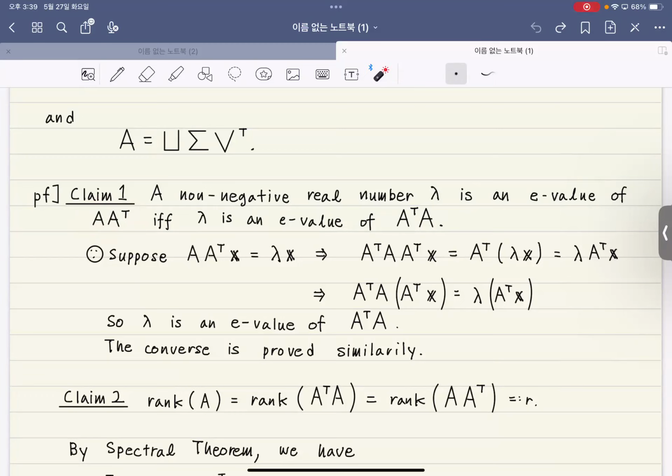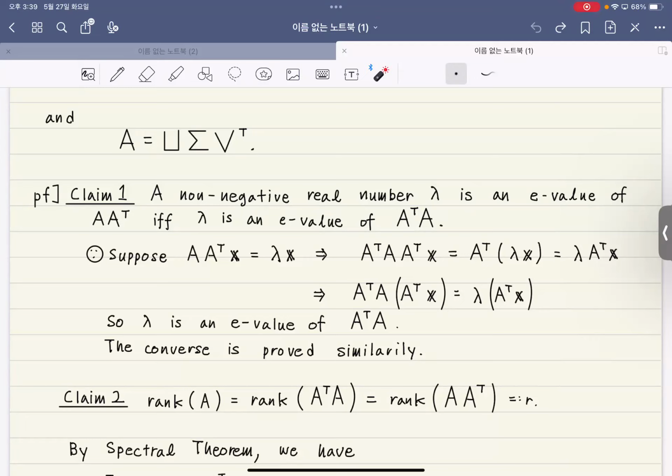Since there is no assumption that A is full rank, A A transpose and A transpose A can be assumed positive semi-definite, not positive definite. And if the matrix is positive semi-definite, then the eigenvalues are not strictly greater than 0, but always non-negative.